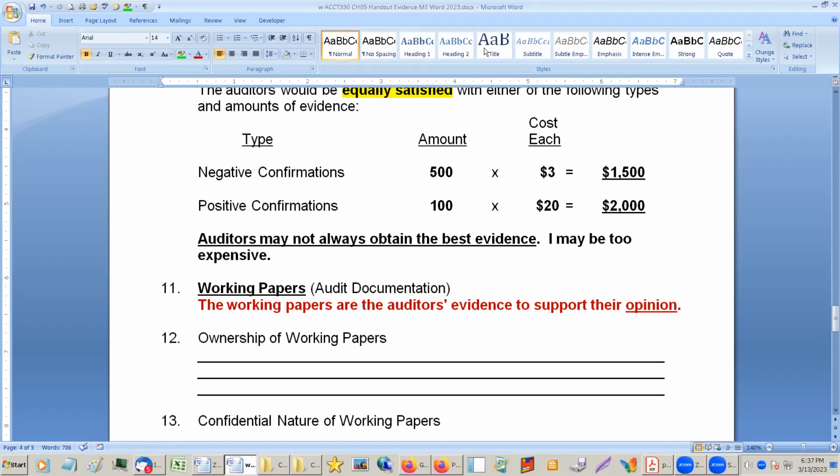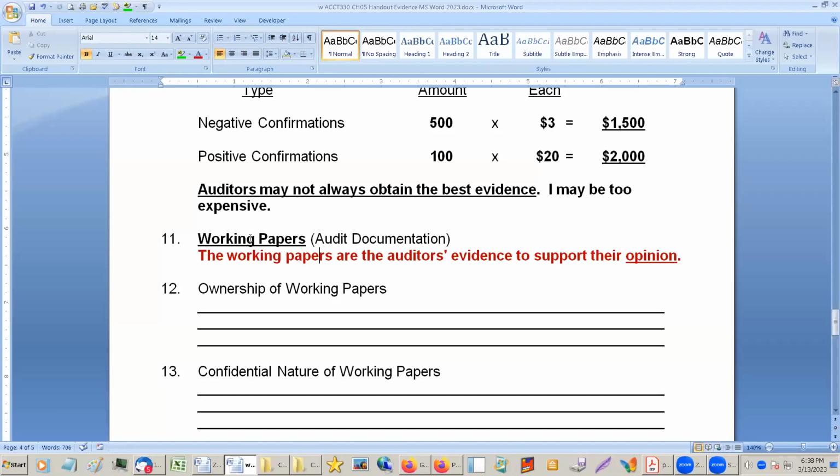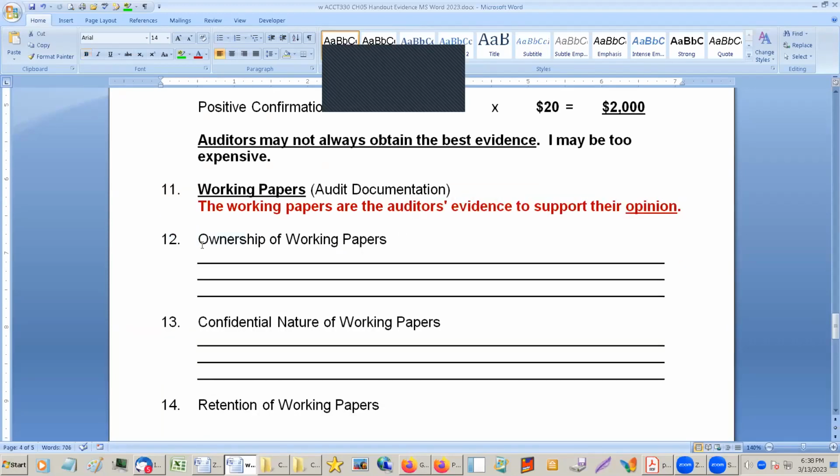So that when you go into court, you can say, well, we did this, we did that, we got all this evidence, and you have this backing to show what you did. It is evidence that you made a reasonable effort to get all the information you needed. Okay. Ownership of the working papers.